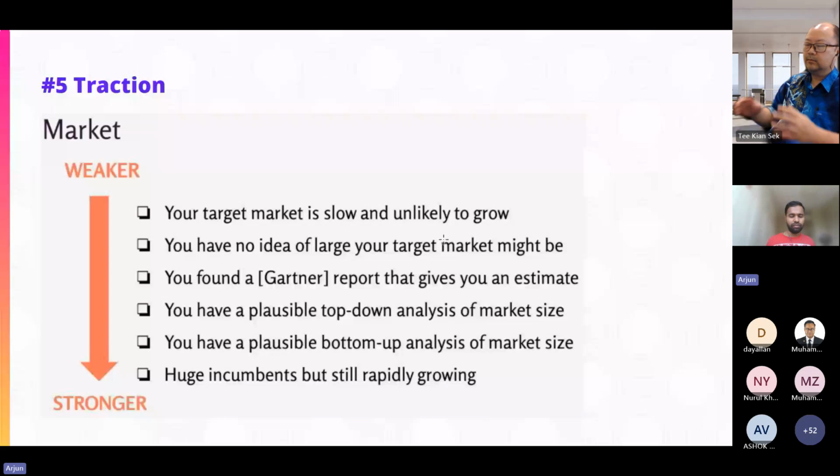But if you have done a bottom-up analysis and found that the market is very big and growing, and there are a lot of bigger companies in the same market that are also growing year on year, then it means it's a big market. For example, I can give you NVIDIA. NVIDIA recently came up with their own GPU chips, right?